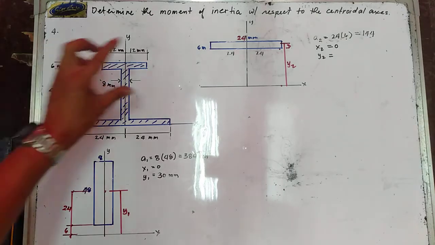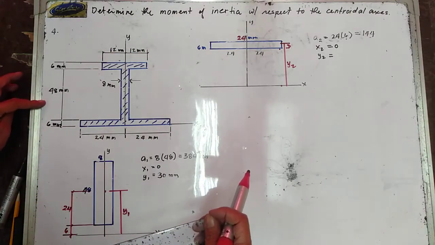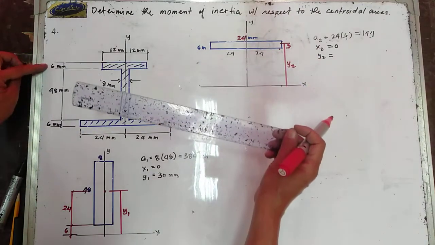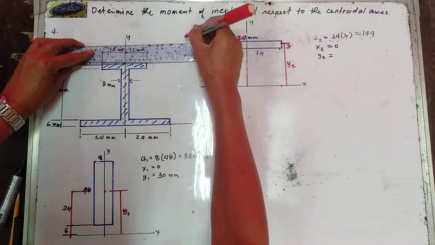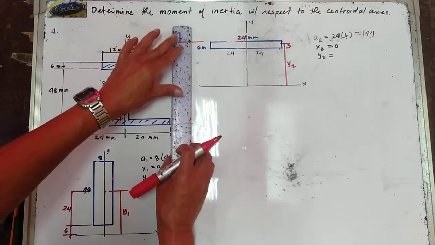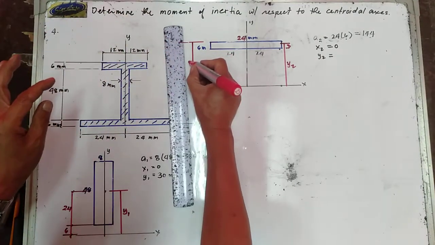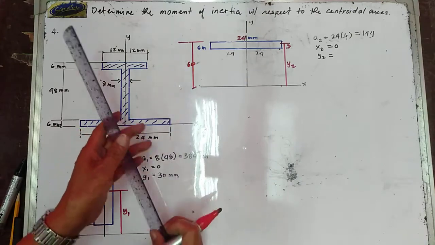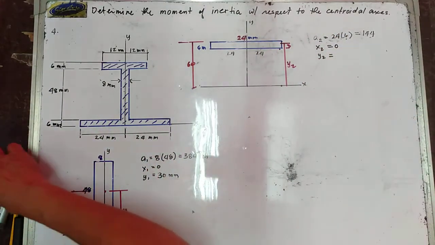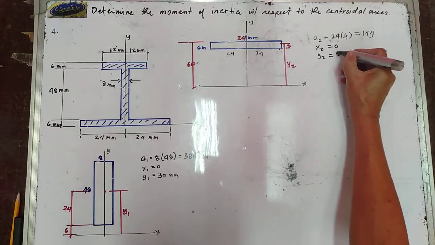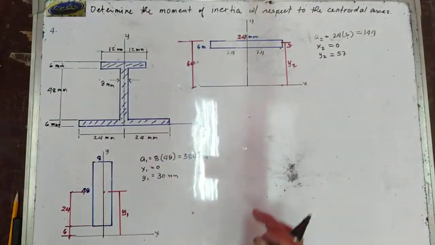So we have a total distance in here equal to 48 plus 6 is equal to 60. So up to this point is equal to 60 millimeter. Hence, 60 minus 3, so your y2 is equal to 57 millimeter.